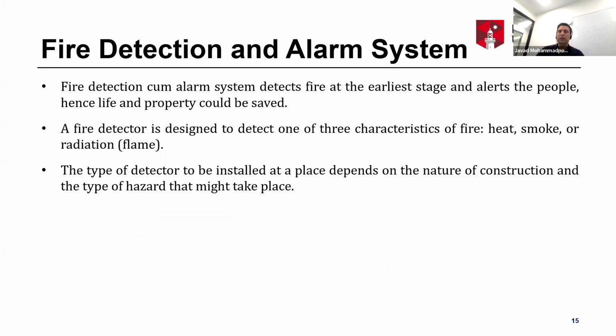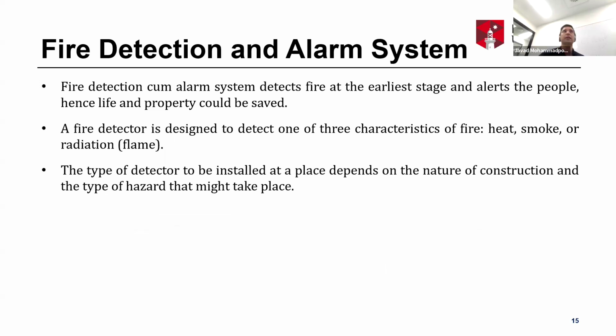So I think now it's time to talk about fire detection and the alarm system. The combination of fire detection and the alarm system can detect the fire at the earliest stage and alert people, hence life and property could be saved.